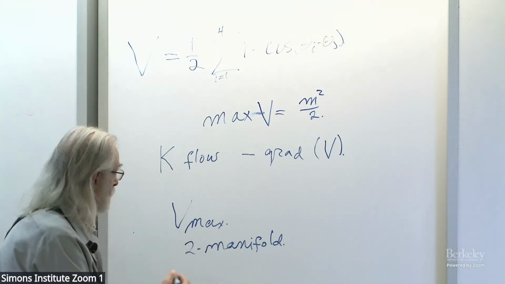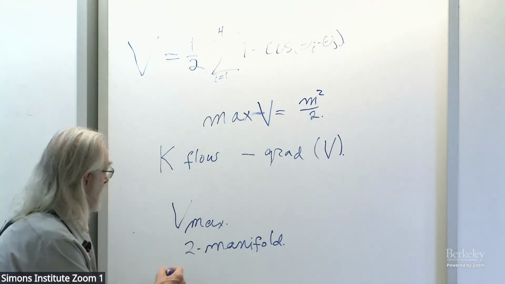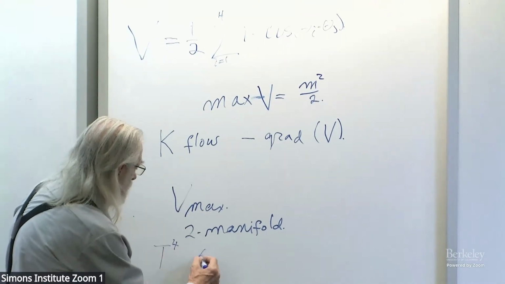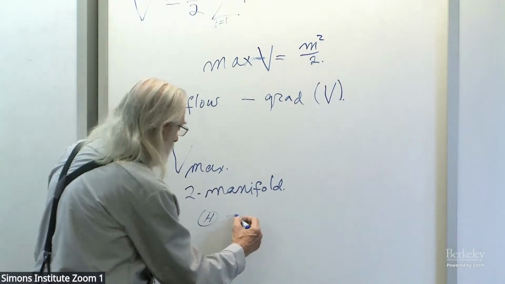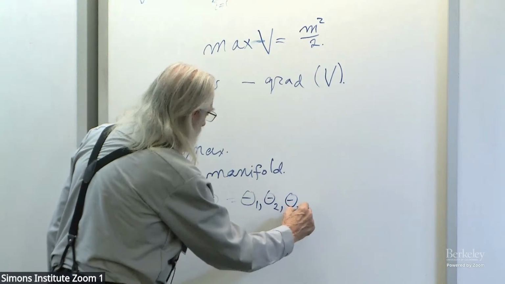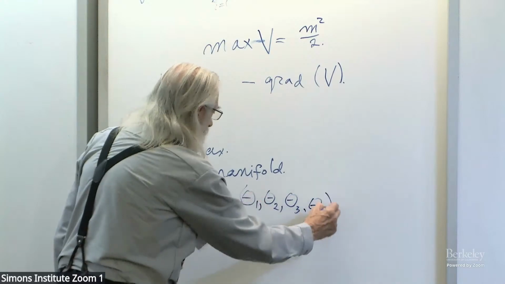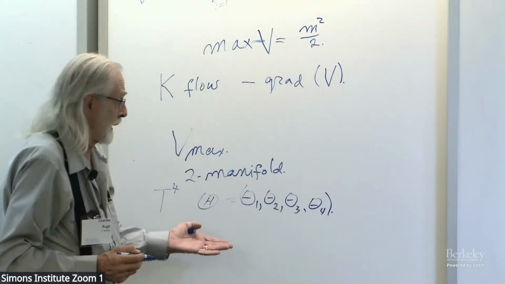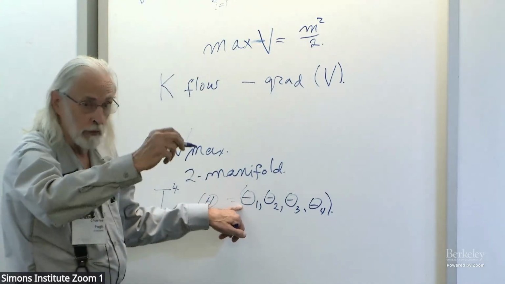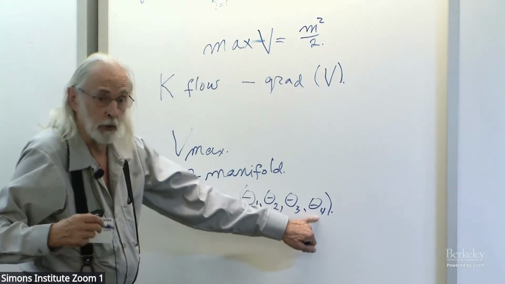You can see it a bit because each point in the 4 torus is a 4-tuple, and as he was saying, you would like theta 1 to be positive as an angle, and then theta 2 bigger, theta 3 bigger, theta 4 bigger, but not 2 pi.